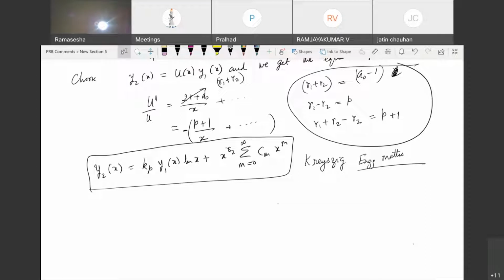And now I'm going to continue with what is called Bessel's differential equation.